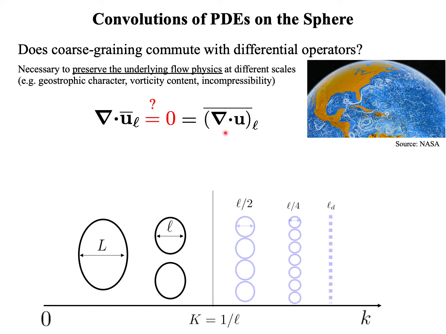For example, if your original flow is divergence-free, I want to make sure that the coarse-grained flow is also divergence-free. And not just divergence, vorticity, gradients, all those things also apply. So you're preserving the underlying flow physics at different scales, and that's critical. If you don't do so, the dynamics becomes intractable. You cannot make sense of what you're analyzing anymore.